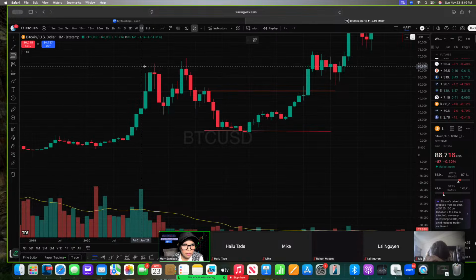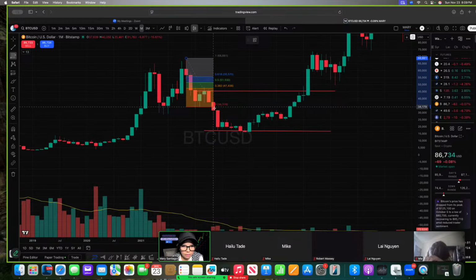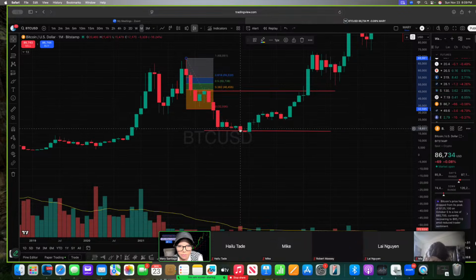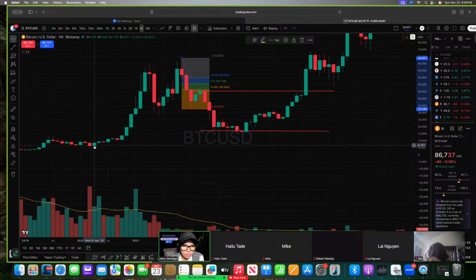One second. So it's right here. This is the first downturn, and then it pulls back and then falls to the downside again. So you start from the top to the bottom for the downtrend, and for the uptrend, you start from the bottom to the top.